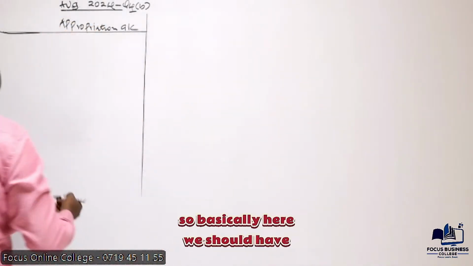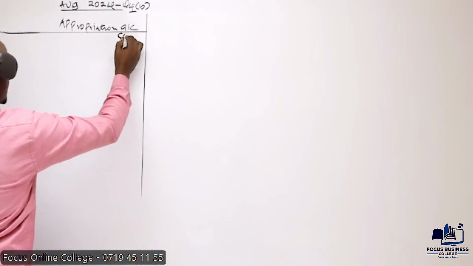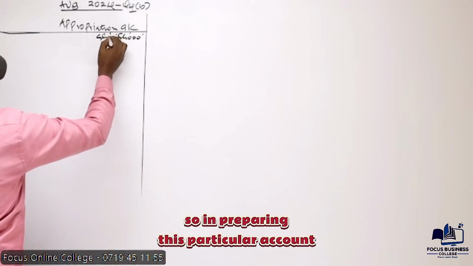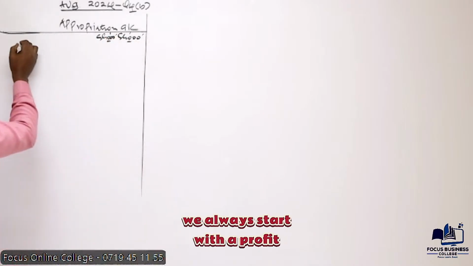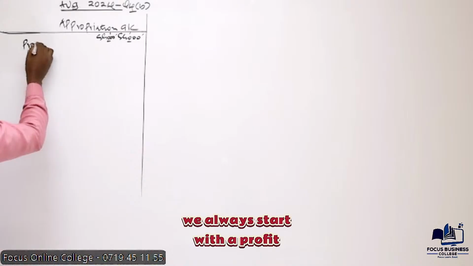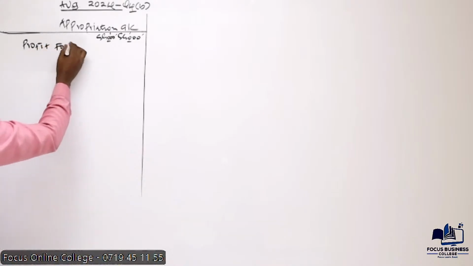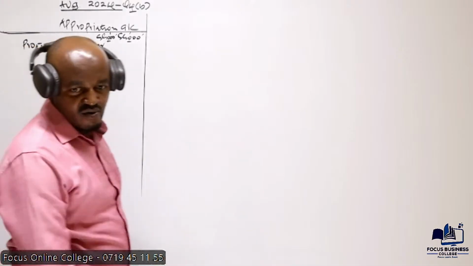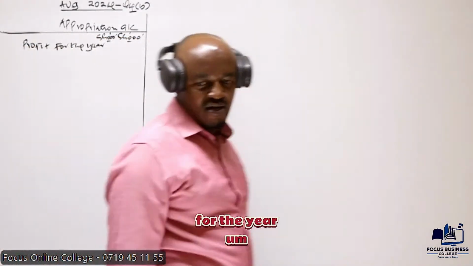So basically here, we should have two columns like that. In preparing this particular account, we always start with the profit for the year.